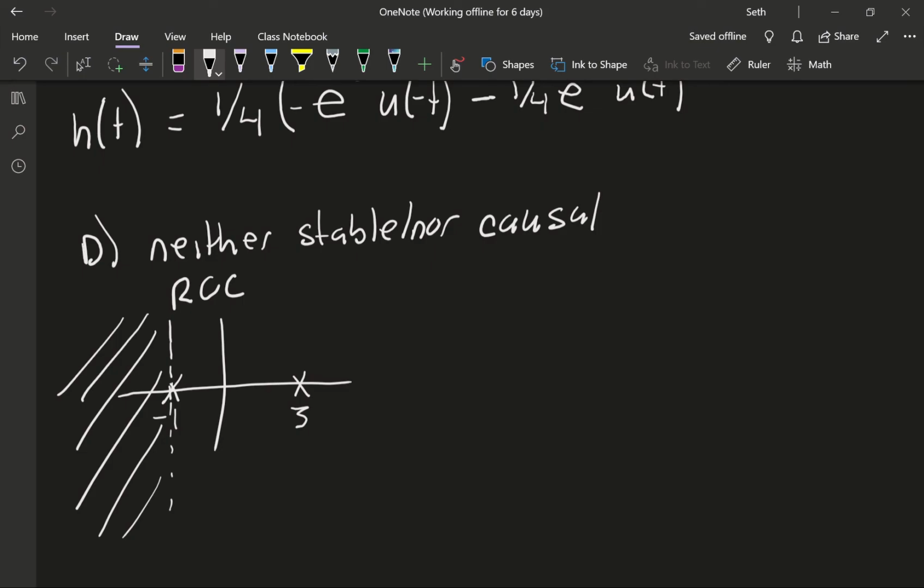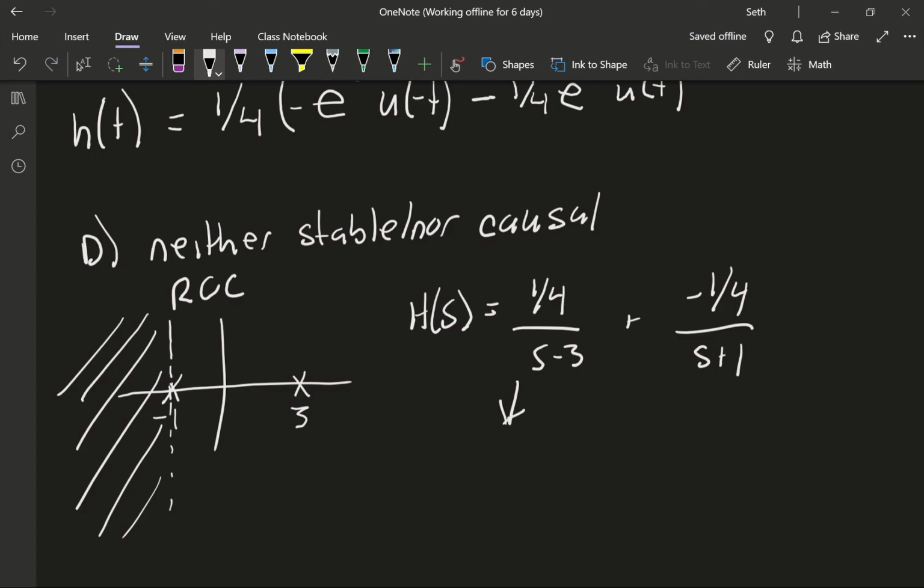So again, we rewrite h of s is equal to 1/4 over (s minus 3) plus -1/4 over (s plus 1). Okay, so the condition on this one is that the real part of s is less than 3. The condition on this is the real part of s is less than -1. These two conditions together give us the region of convergence.